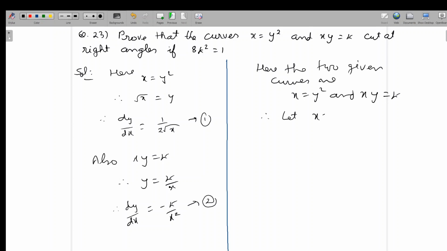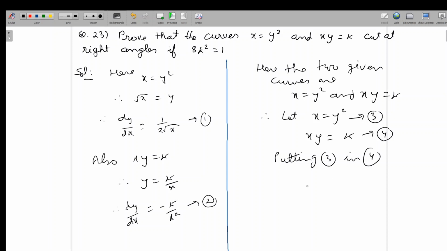Let x equal to y square be equation number 3 and xy equal to k be equation number 4. Putting 3 in 4, what will we get?